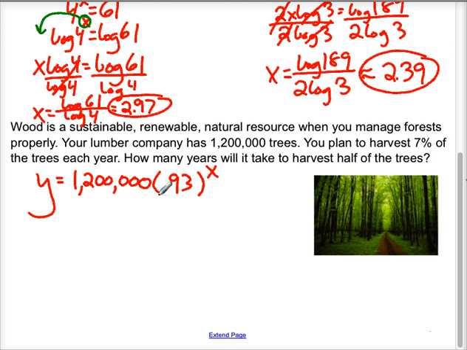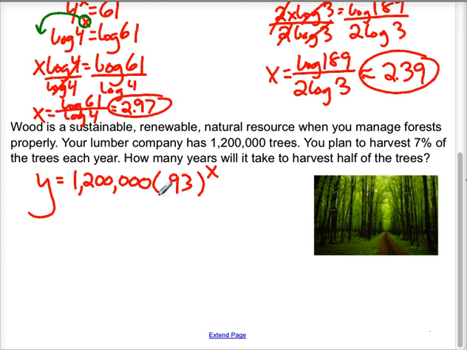Now what they want to know is how many years will it take to harvest half of the trees? Well, if we're starting with 1,200,000, if we want half of those remaining, all we do is take that number and divide it by 2.